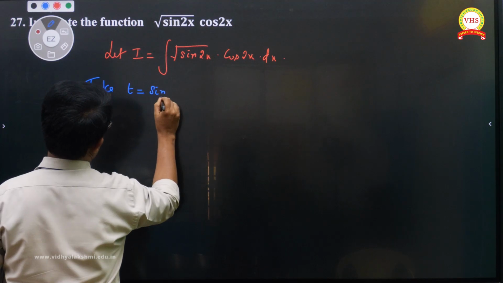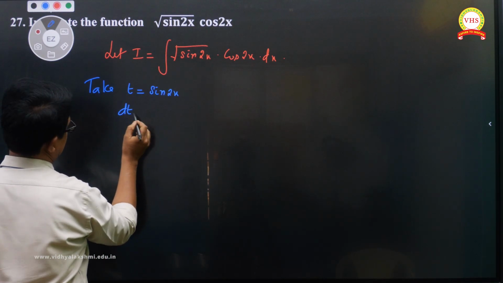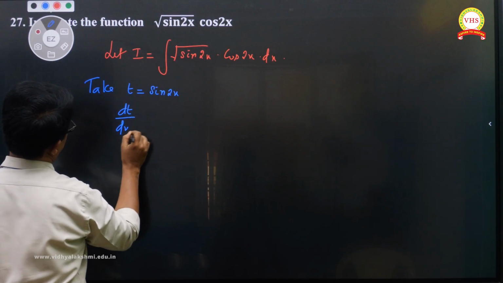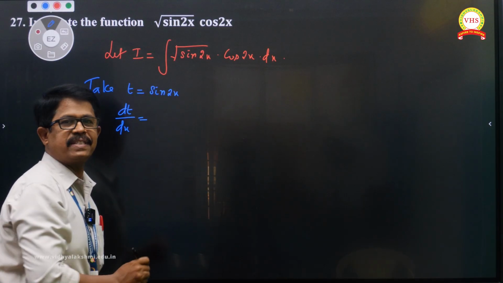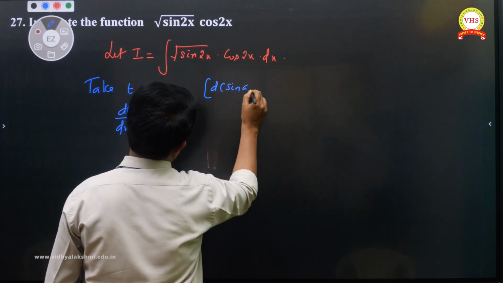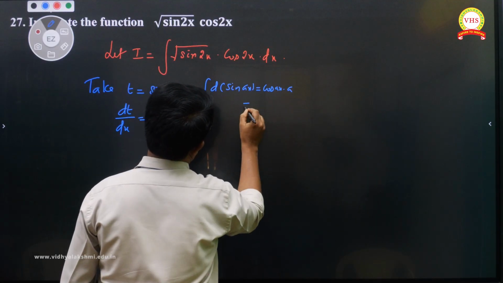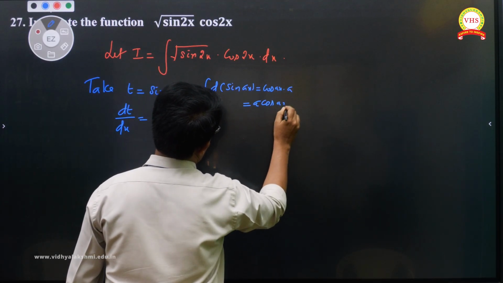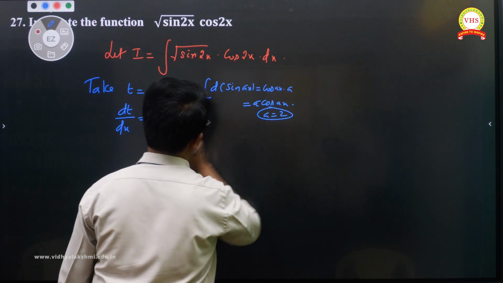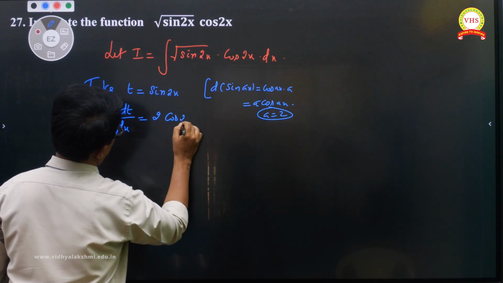Now take t equal to sine 2x. We need only in terms of dt, so dt by dx equal to, what is the derivative of sine ax? The formula: derivative of sine ax equal to cos ax into a, that means a cos ax. Likewise a equal to 2, so 2 into cos 2x.